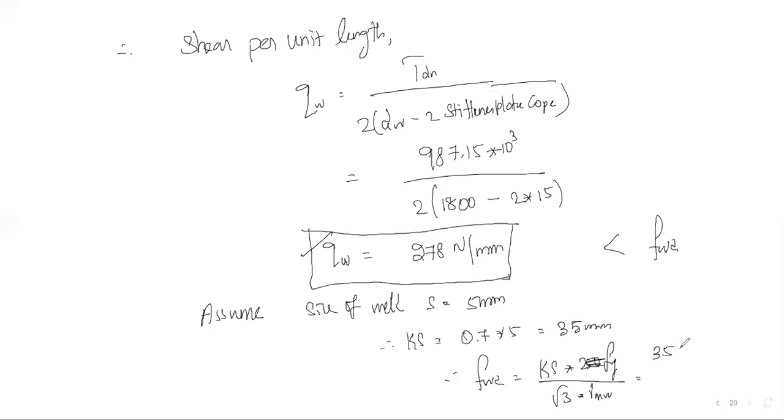So 3.5 into 250 divided by root 3 into γmw. So it becomes 404.14 Newton per mm.